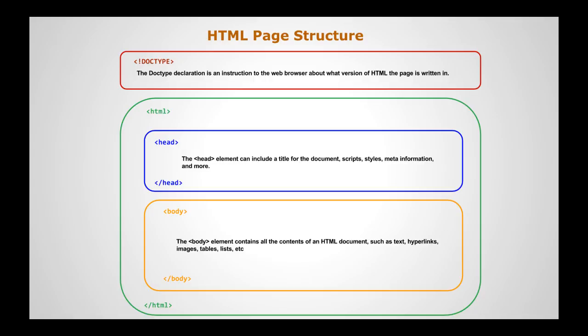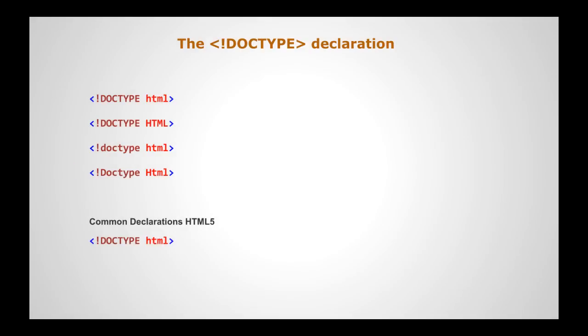So let's talk a little more about the doctype. The doctype, as we said earlier, is a declaration, and it tells the browser about the version of the HTML. The doctype declaration is not case sensitive, so you can write it in any way you want.